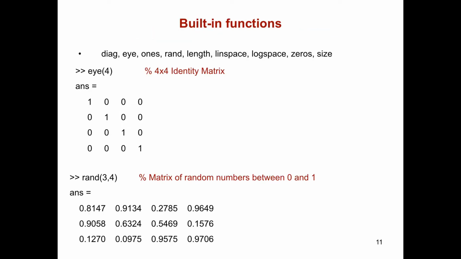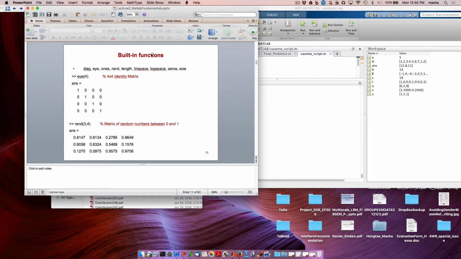Okay. So I already mentioned the I function, so try it yourself, I of 4 or whatever size you'd like the identity matrix to be. So that's going to create the I matrix. And we will, as we go, look at some others. One very helpful one is just creating a matrix of zeros. So there's zeros or even ones, okay?